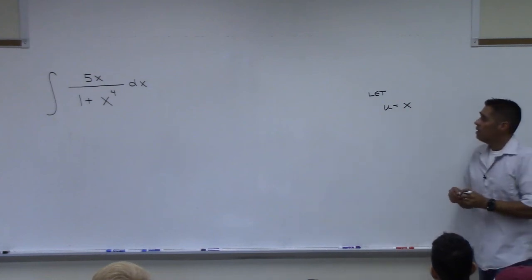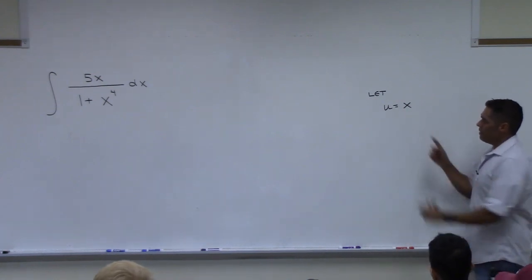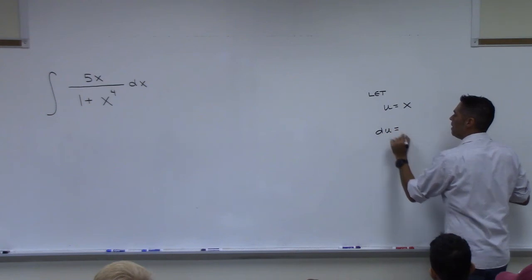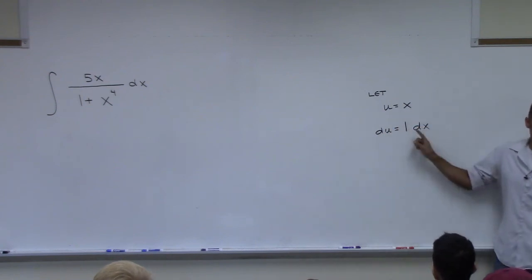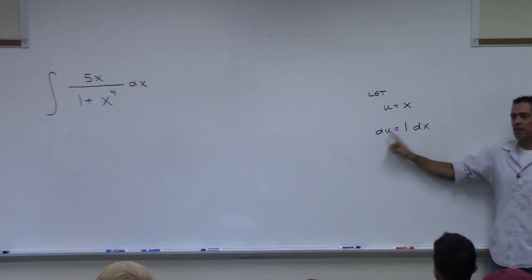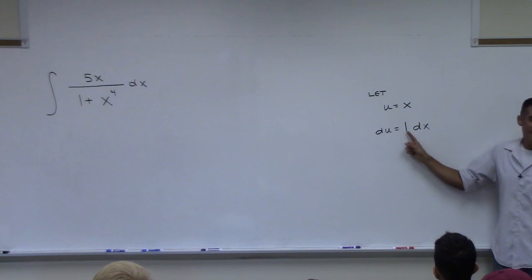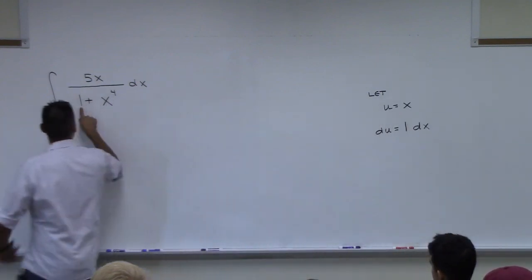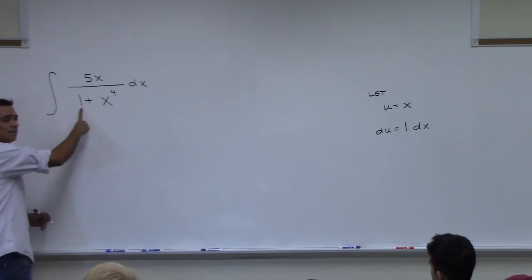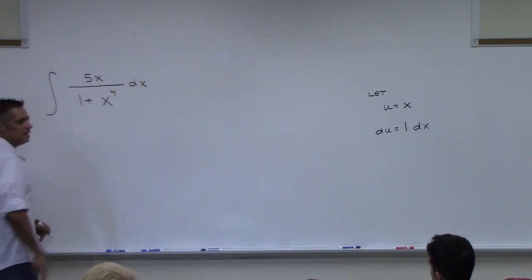Yes? Okay, so the derivative of this would be 1 dx, correct? You always have to have the dx here, always, because we'd always have du dx, and then the dx would come over here. So do we have a 1? We do, right? But what's wrong with the 1? It's in the denominator. It can't be in the denominator.